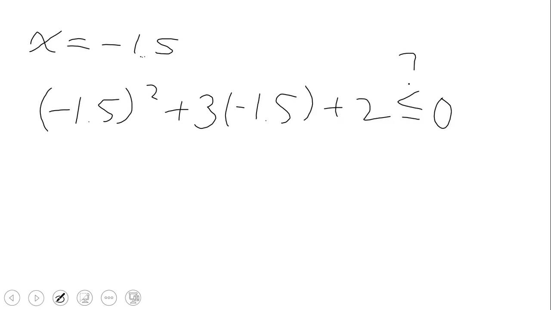Check that that's negative. I'm going to plug this whole thing into my calculator at once. That's going to be negative 0.25, less than or equal to 0, question mark, and that is true.